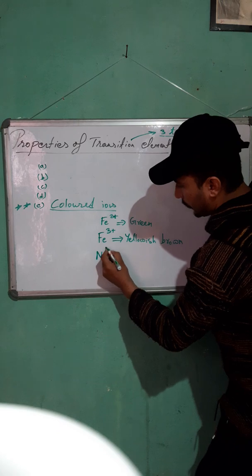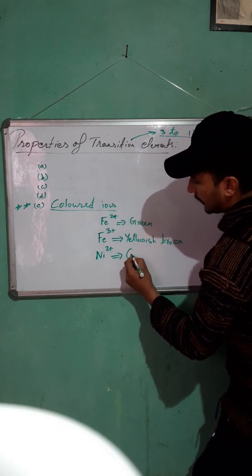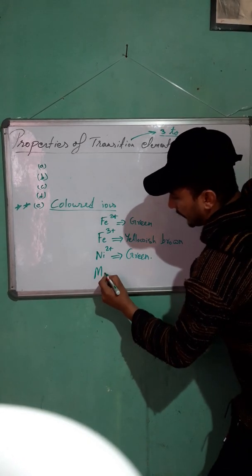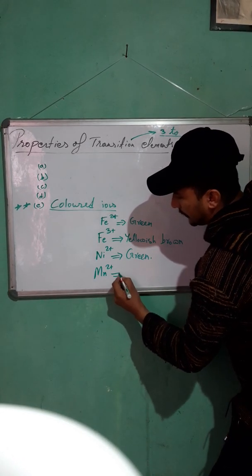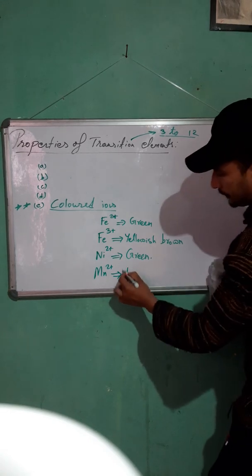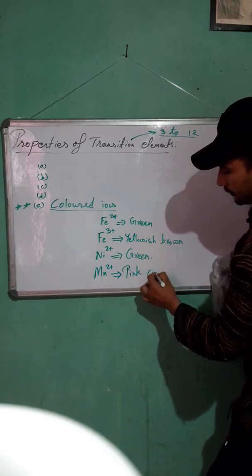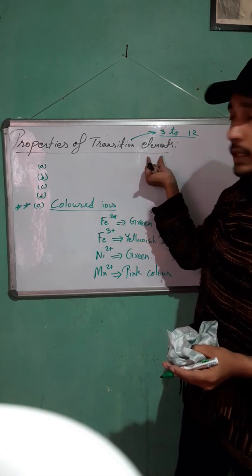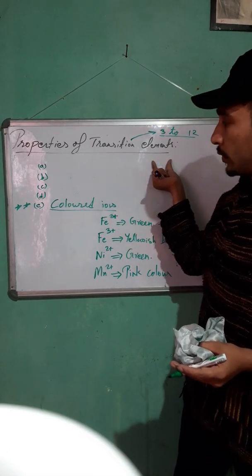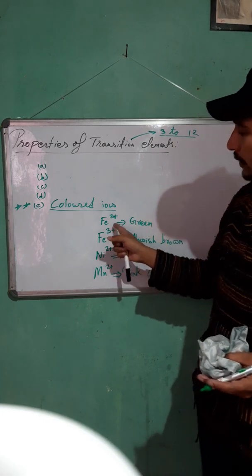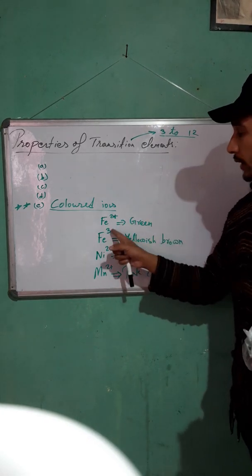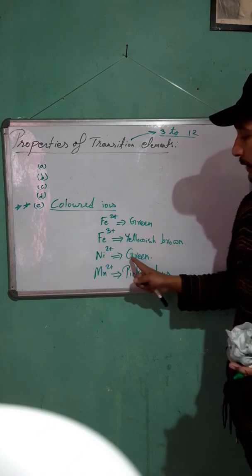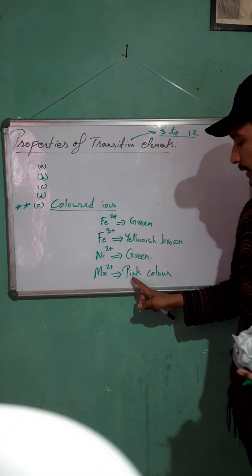Nickel 2+ ion has green color. Manganese 2+ ion, Mn2+, has pink color. So most of the elements of this transition series form colored ions. For example, iron 2+ is green, iron 3+ is yellowish brown, nickel 2+ is green, manganese 2+ is pink.